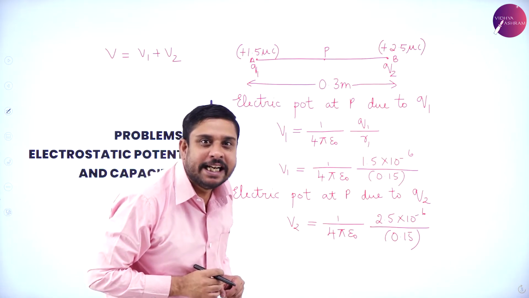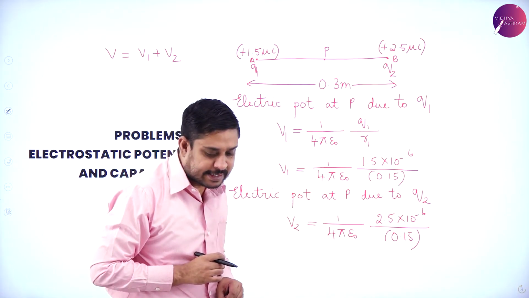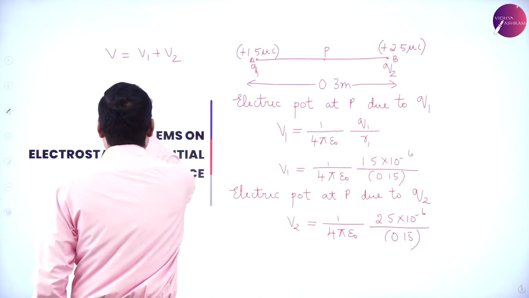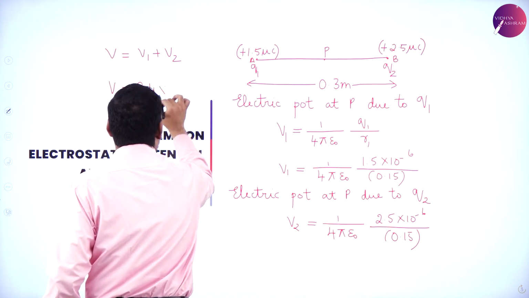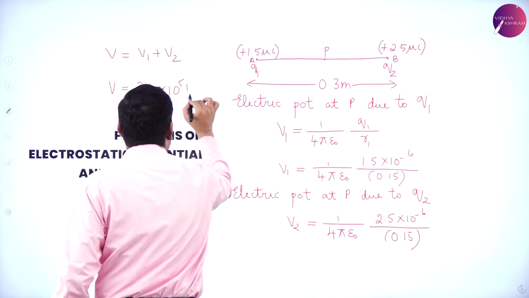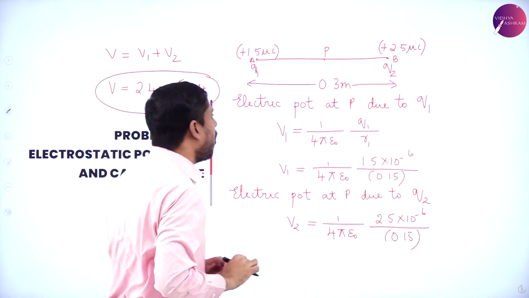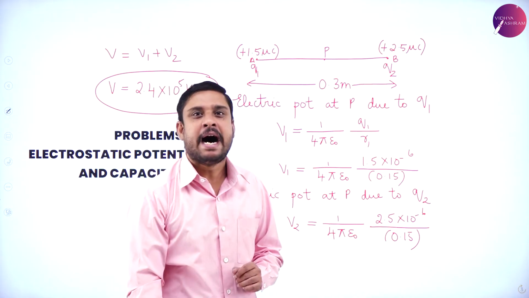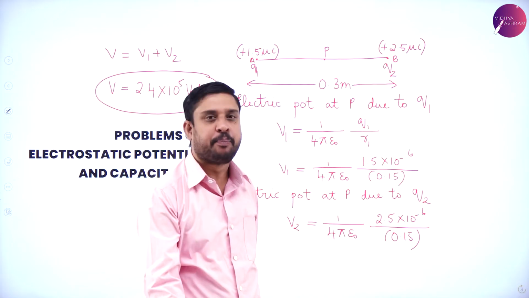It is 9 into 10 power 9, which is common. On simplification, V turns out to be 2.4 into 10 power 5 volts. So using one simple formula, I have arrived at the potential at the point P.